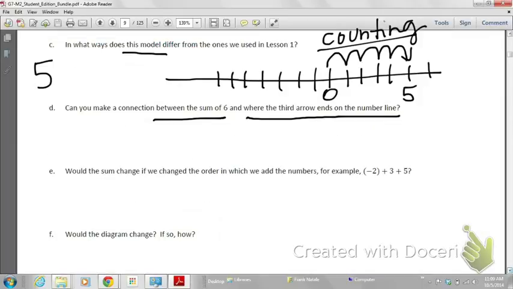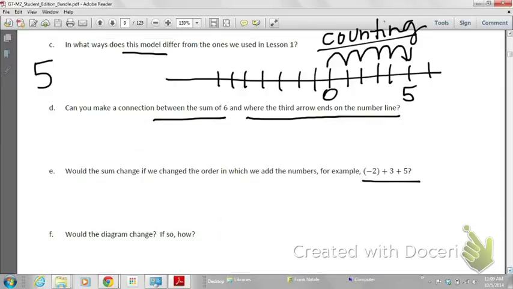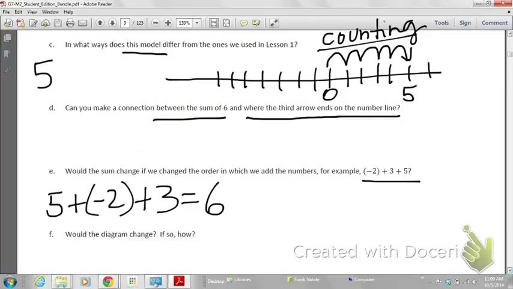So E asks, would the sum change if we change the order in which we add the numbers? What was our original one was 5 plus -2 plus 3, and that equaled 6. So would the sum change if we changed the order?